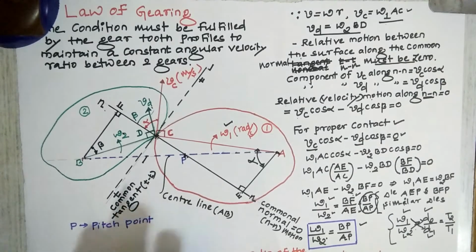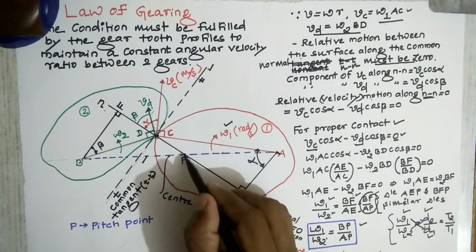Then what does the law say? The law says that for a constant angular velocity ratio of the two gears, the common normal, this is the common normal, must pass through the pitch point.